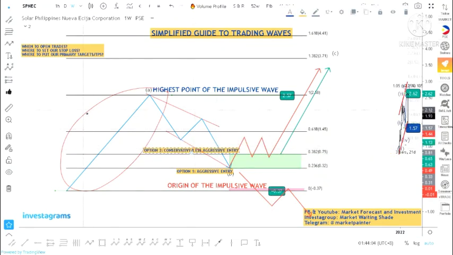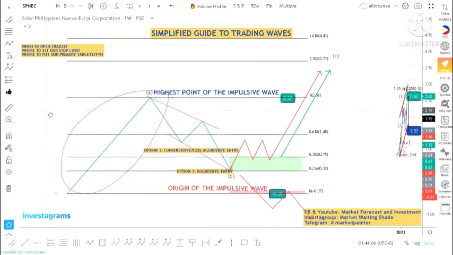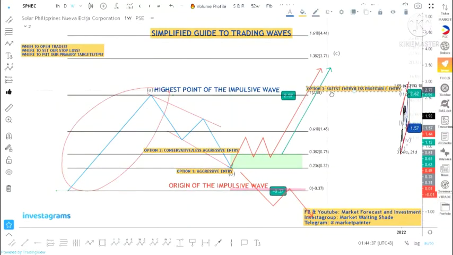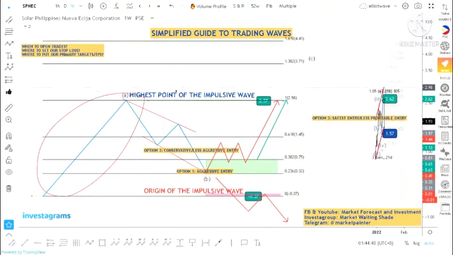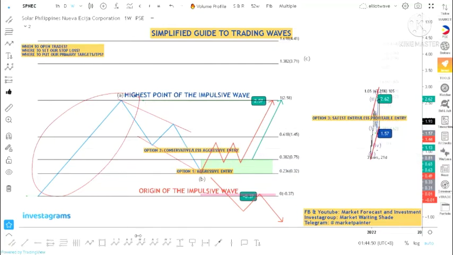Fibonacci level. The third option, option 3, entries are made when the price actually breaks the last highest point of our impulsive wave.